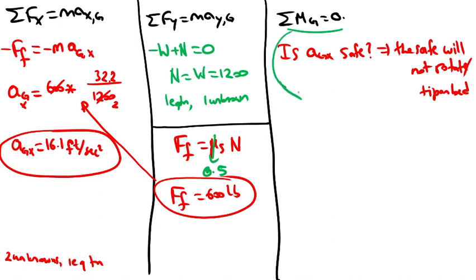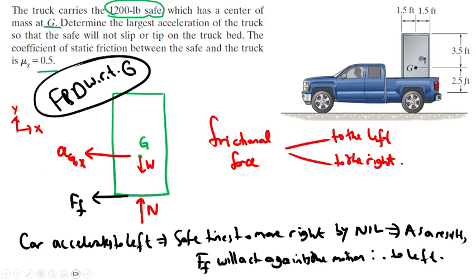The moment equation says that this is the safe. This is the weight, and then we have the normal N and friction F. If we start one by one, the frictional force has an arm of this much, which is given in the question as 2.5 feet.